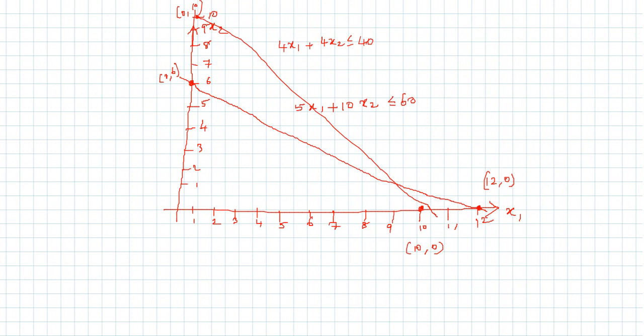Another way is to take a point somewhere here, and another point somewhere here. If it satisfies the equation, we plot that as the feasible region.